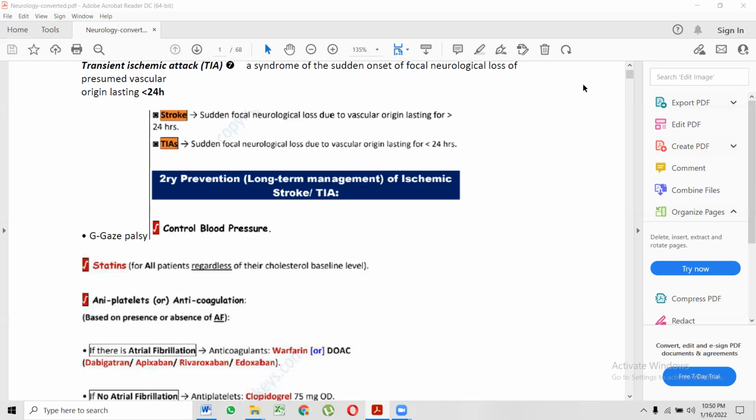Instead of clopidogrel, we need to give an anticoagulant such as warfarin or direct-acting oral anticoagulants such as rivaroxaban, edoxaban, apixaban, or dabigatran.